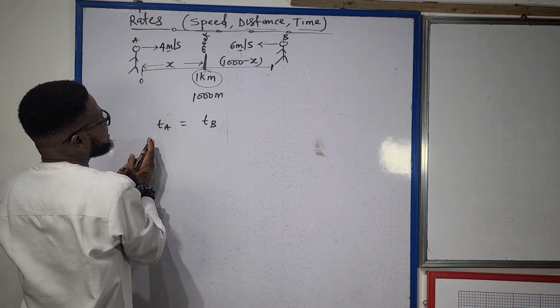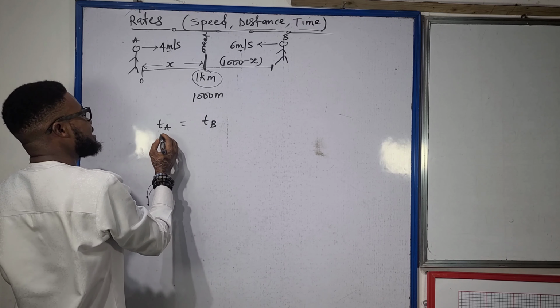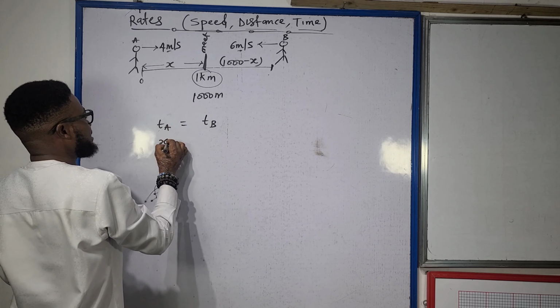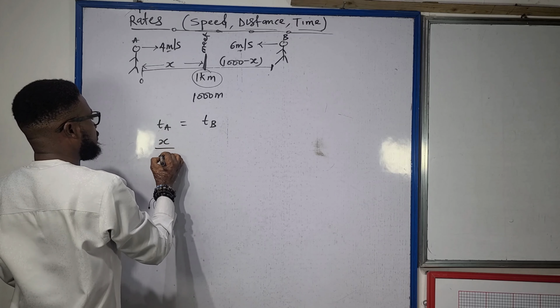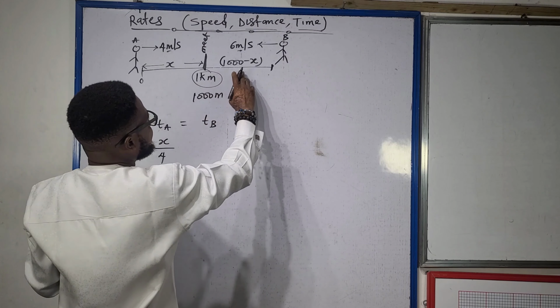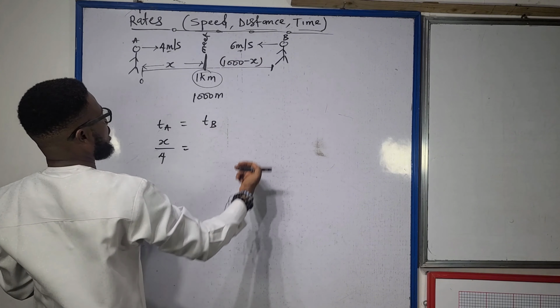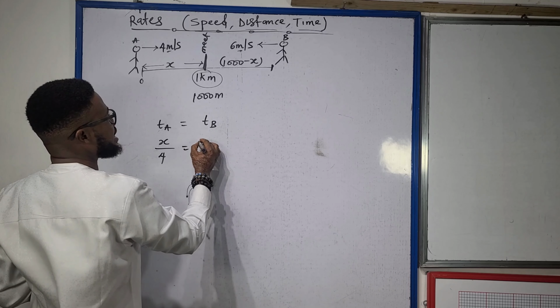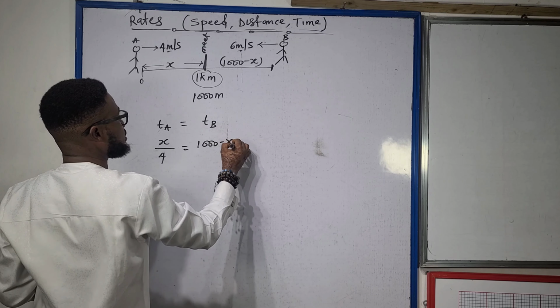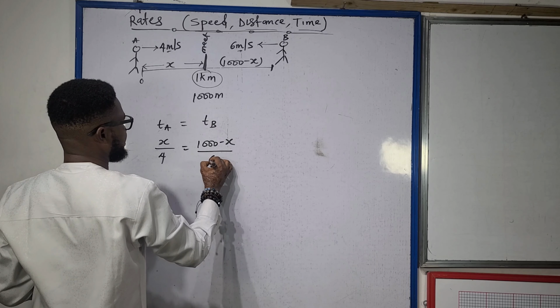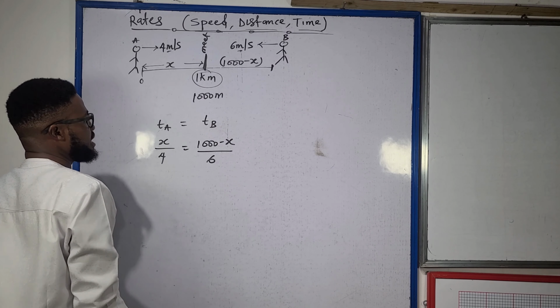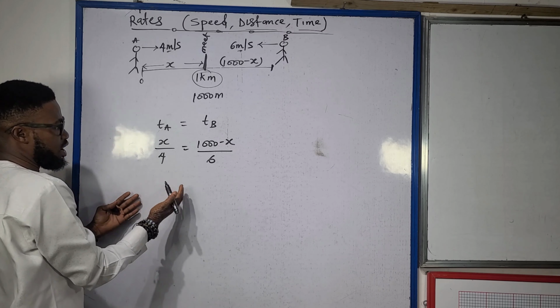Time is distance divided by speed. Distance here is x divided by 4. And then the timing for B moving in this direction, the distance is 1,000 minus x divided by 6, because of course the speed here is 6. So this is the equation we are going to solve.